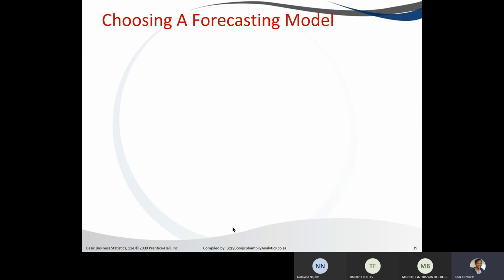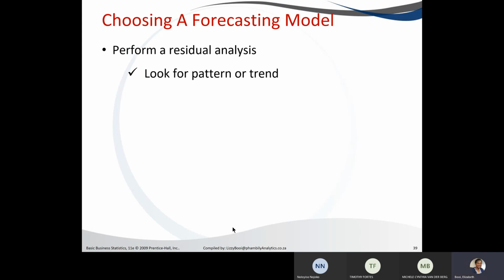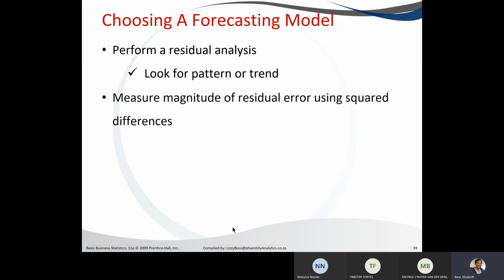To do that, there are two methods that we can use. We're going to use residual analysis to look at the pattern and the trends of your errors. Remember those errors. We're going to use those errors to measure the magnitude of the residual errors by using the squared differences of those errors.